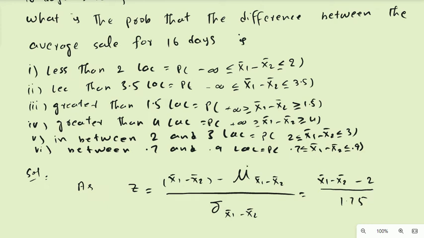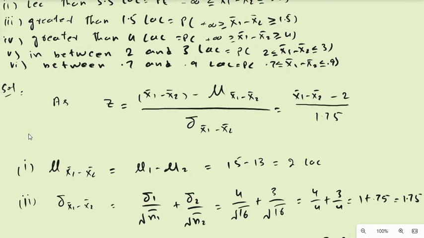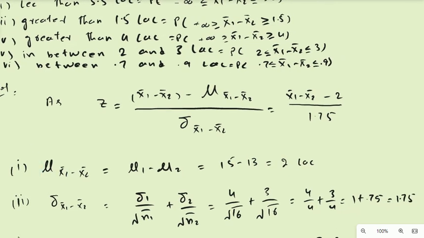How can we quantify this? We have to use the first property of the sampling distribution for the difference between means, and for the other we have to use the second property. So, what are the first and second properties? They are given by this equation. From the first property, the mean of the sampling distribution for the difference between two sample means is equal to the difference between two population means: this is the first population mean, this is the second population mean.